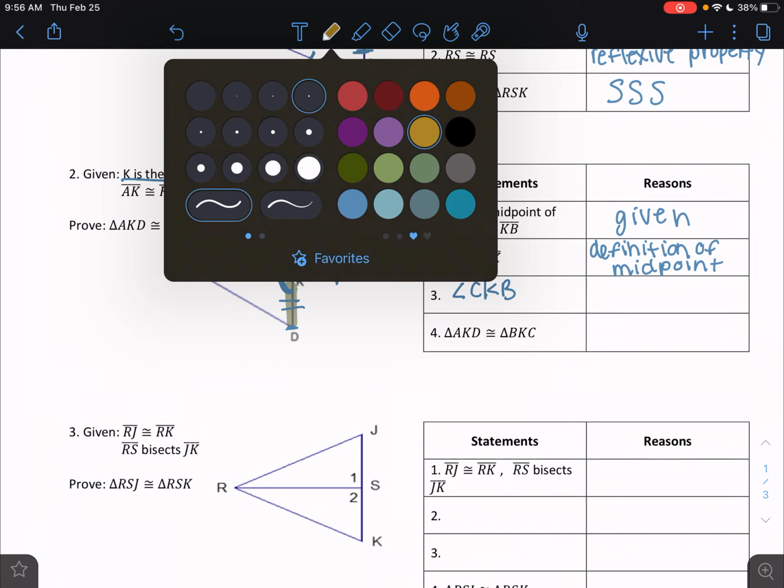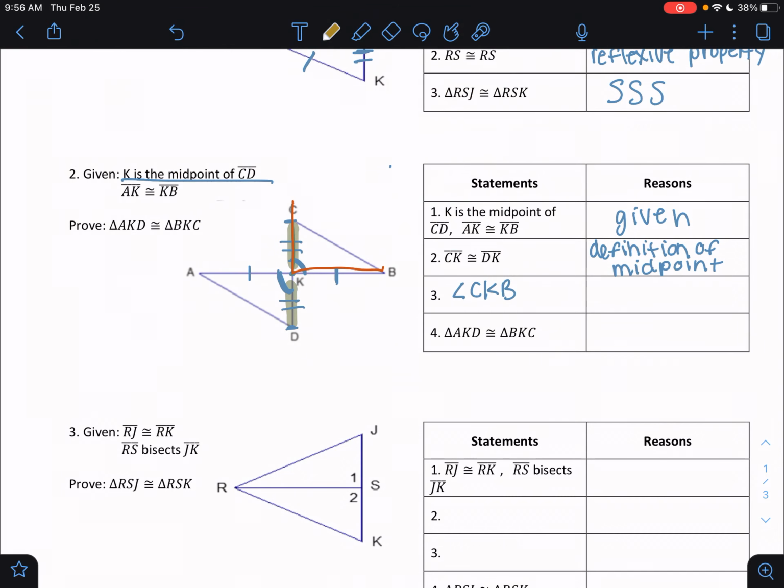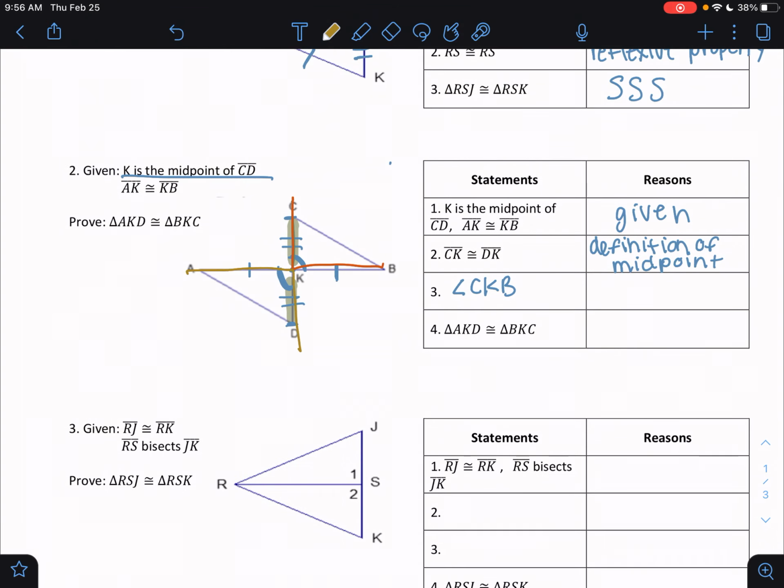And we said that that is congruent to AKD. And the reason for this one is just because vertical angles are congruent. And then finally, what rule did we use? Side, angle, side.